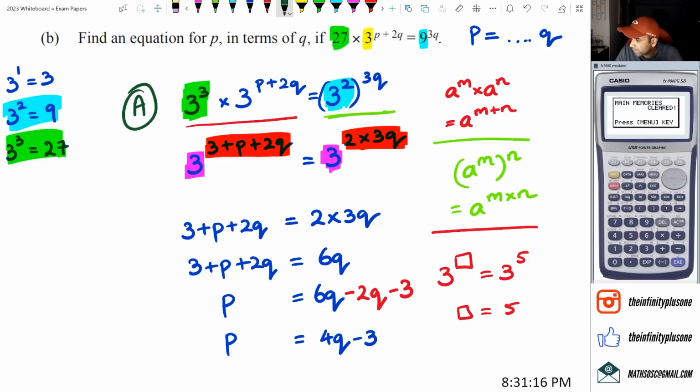Forming a linear equation gets you a merit. So I would say linear equation, that means you're up to here to get a merit. And finally, your final answer will actually be an excellence question. Now, this is actually one of my favorite excellence questions to do, because it just works out really nicely, and you just need to know how to work those powers, and then you're pretty much good to go.